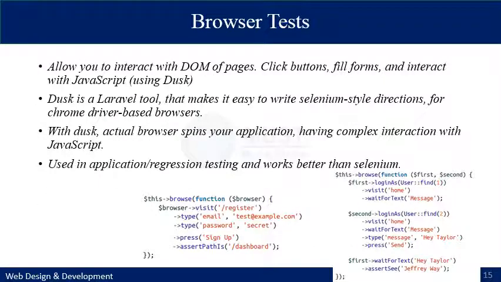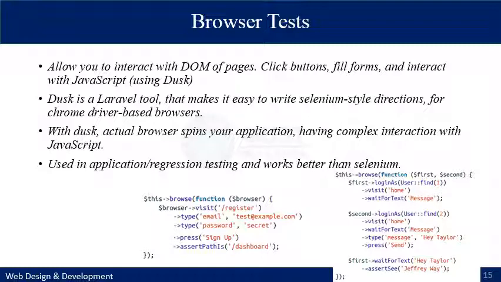One of the fascinating aspects of browser testing or HTTP testing is automating the test, and it allows you to interact with the document object model of the pages, such as automated clicking of buttons, filling in forms, and interacting with JavaScript. So you can use a tool called Dusk for all this automated testing.